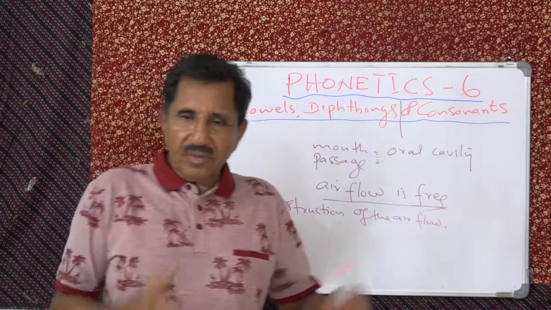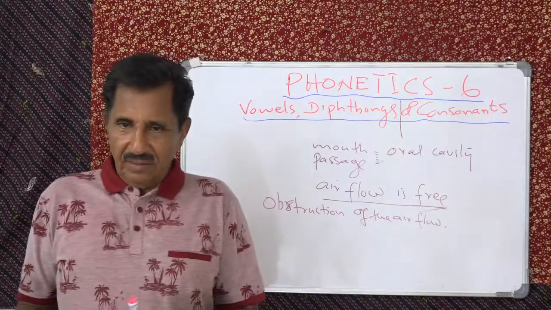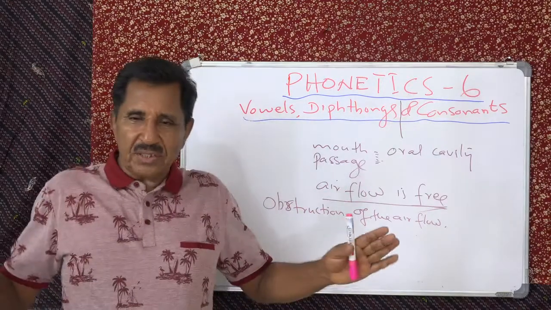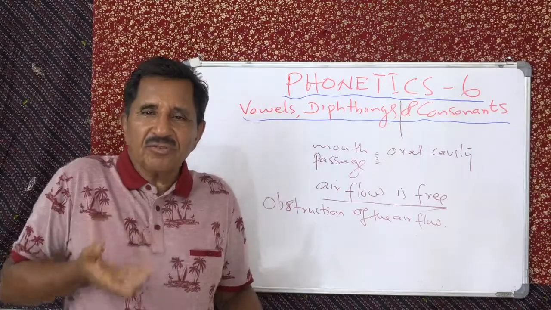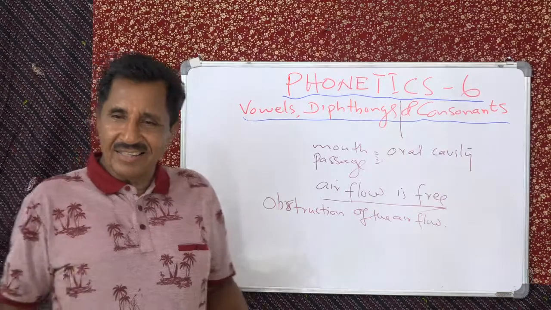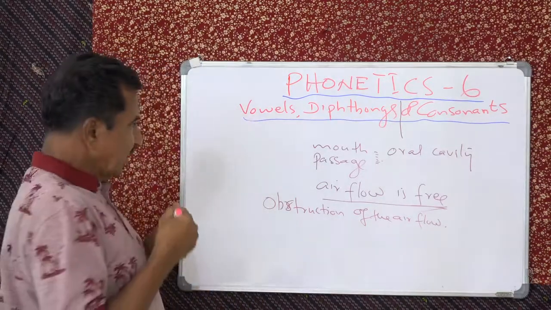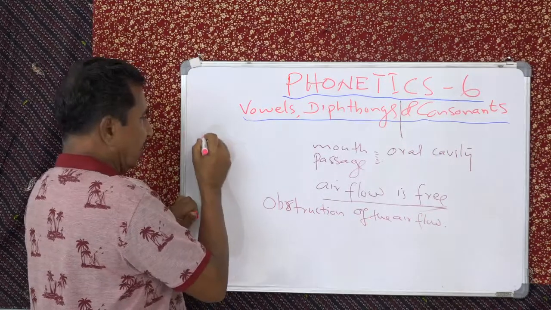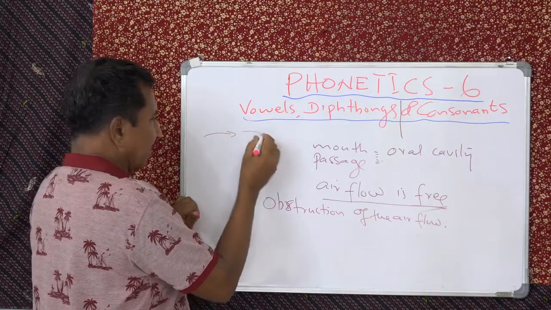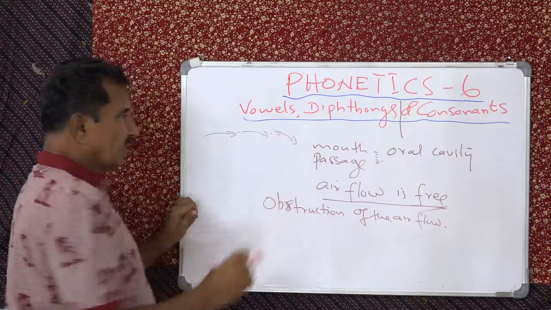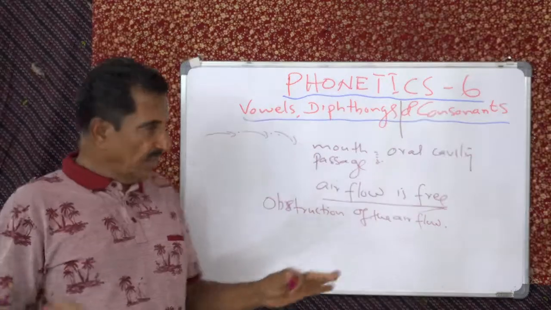The difference between vowel and consonant is, for vowels, there is no obstruction. The airflow is free. For vowels and diphthongs, it flows without any obstruction.